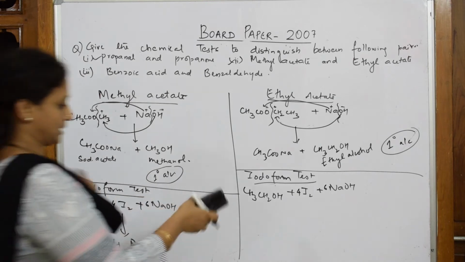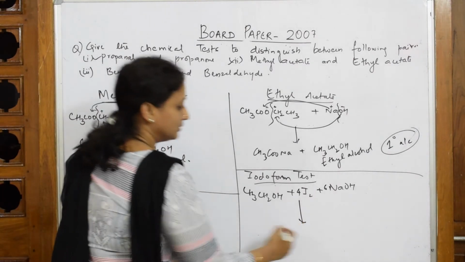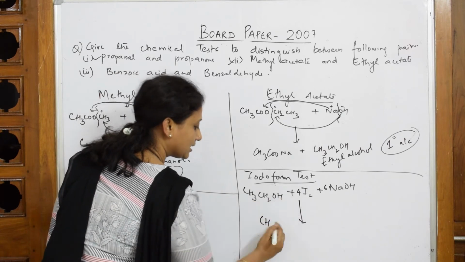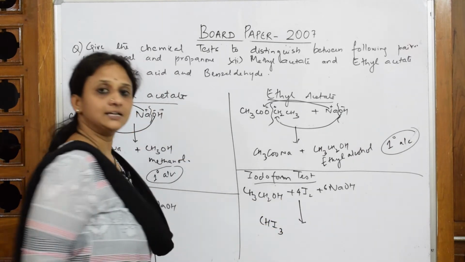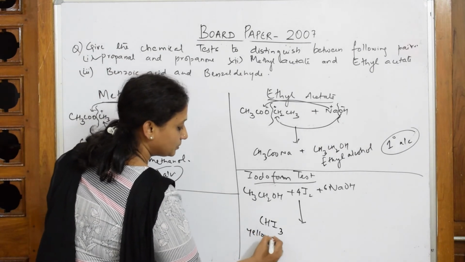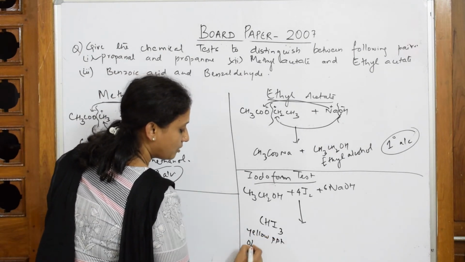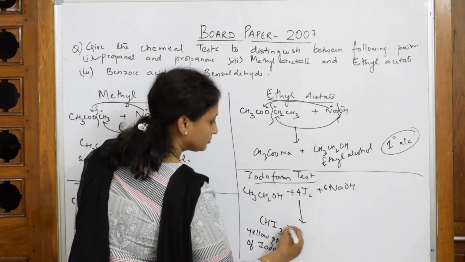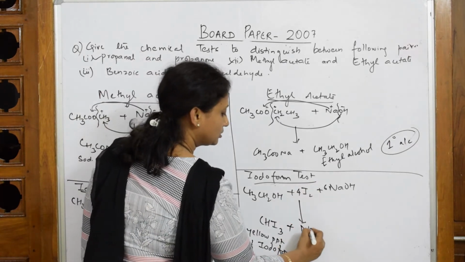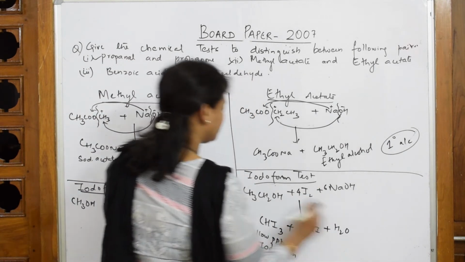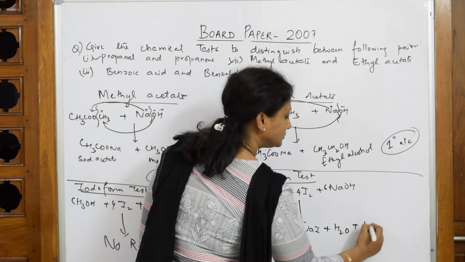Now I have to write the products. Iodine comes, replaces and forms iodoform. It then forms a salt, NaI, then water comes out.